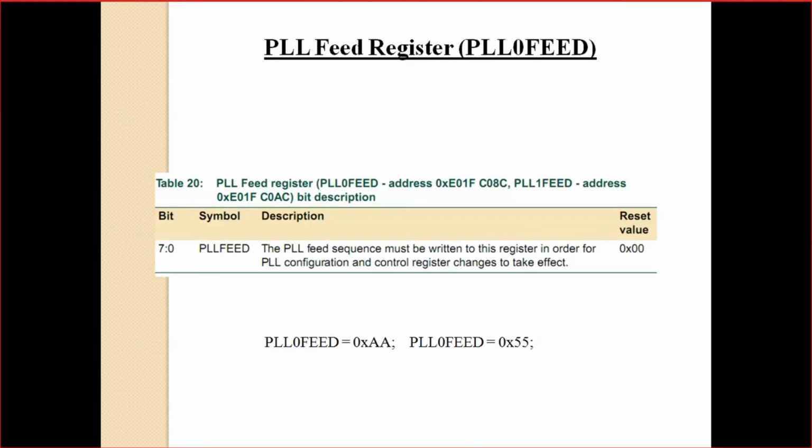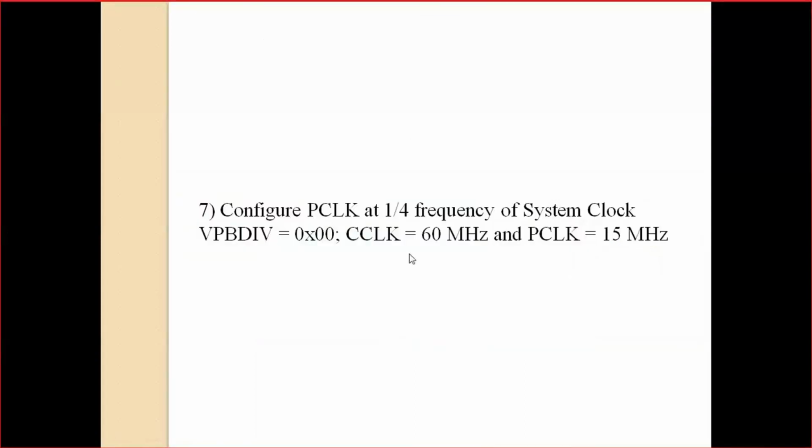So till now we have configured the C clock as what value? 60 MHz. In the next step, we are configuring the P clock. How will you configure the P clock? By using the VPB divider. In my case, I need to have the P clock as 15 MHz.